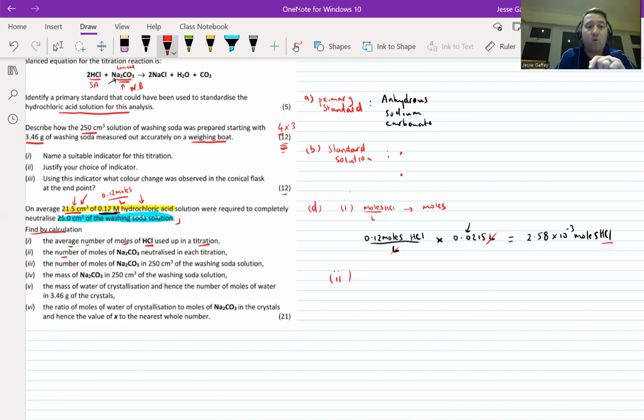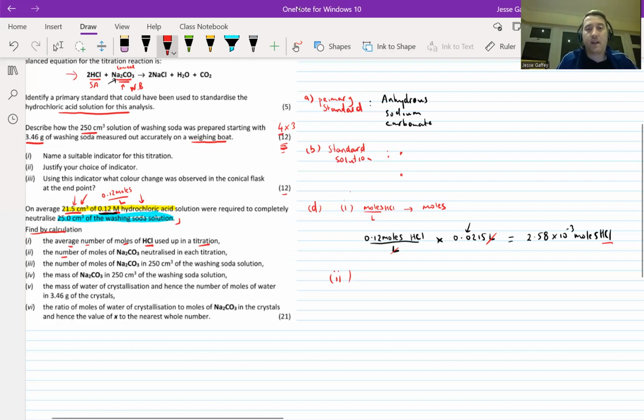We know the equation tells us the molar ratios that they react in. So now let's use that to figure out the moles of Na2CO3. The answer you should be getting here is 0.00129 or 1.29 by 10 to the minus 3 moles of Na2CO3. So pause the video and see, can you get that now?